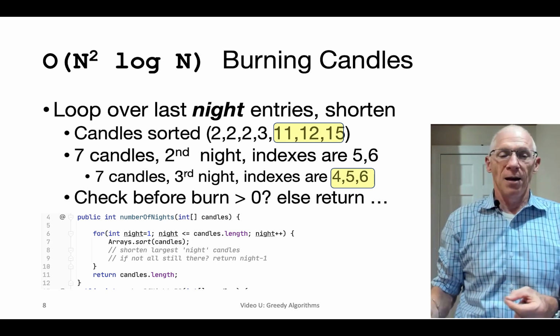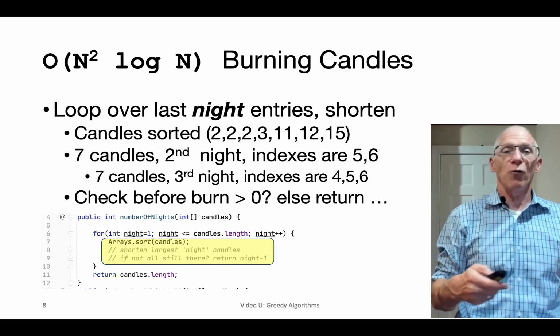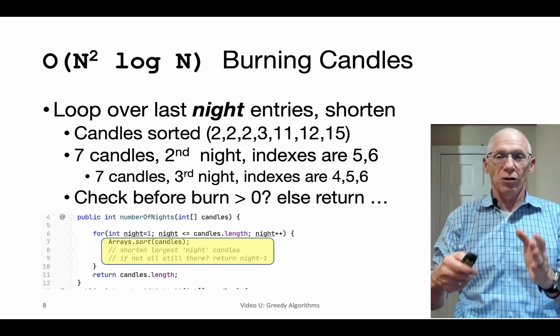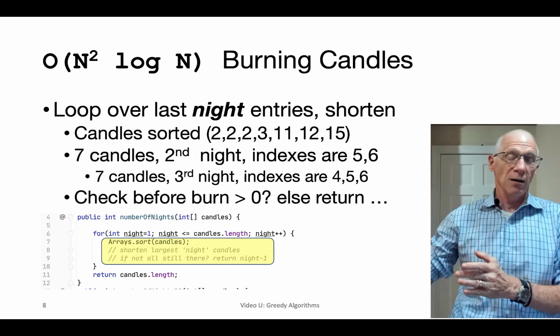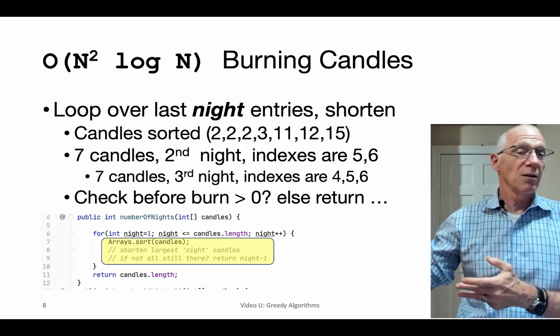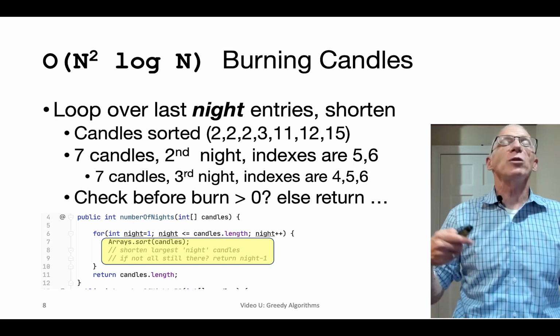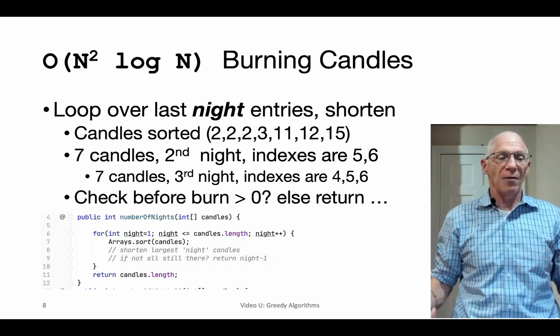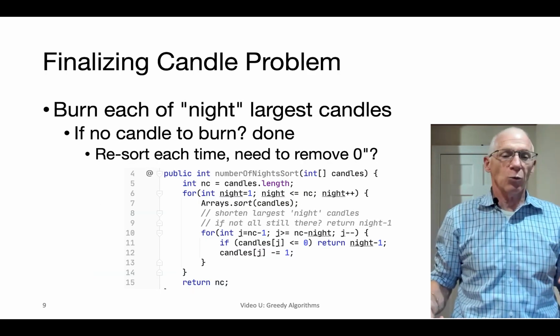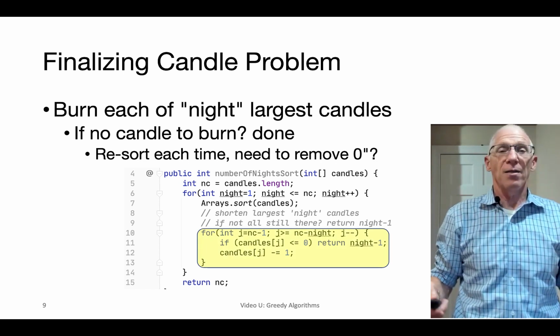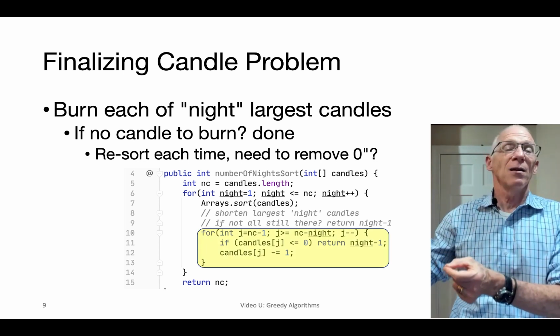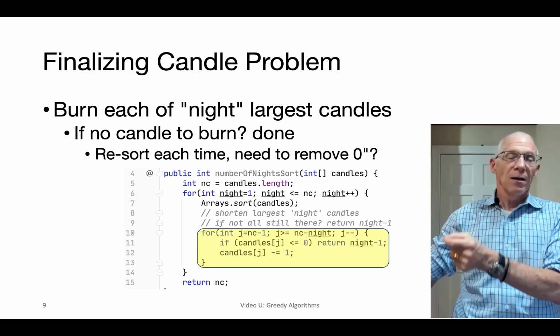The numbers will have changed because we will have burned them, but the indexes won't, because we will resort the candles every time. And we can see that we run this for loop that says night is 1, night is 2, night is 3, up to and including the length of the array. We could burn candles for 7 nights. We sort the array, and then we choose the largest n. And the way that code works is, since we're sorting each time, then we choose the last night candles.